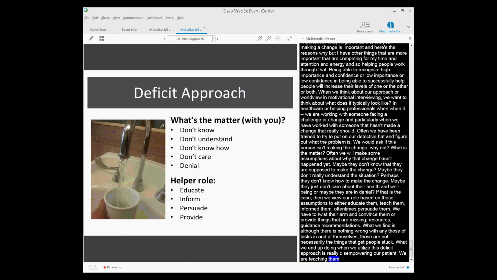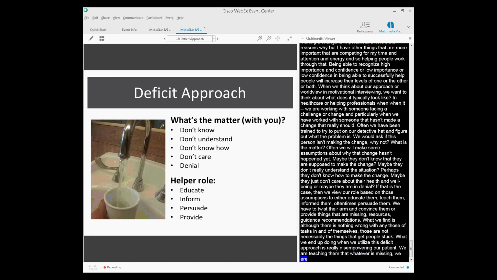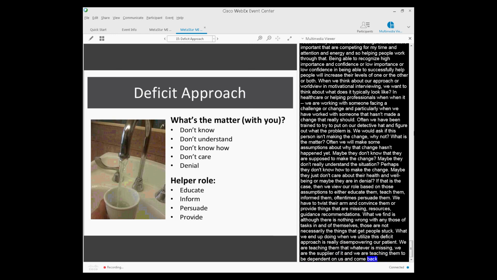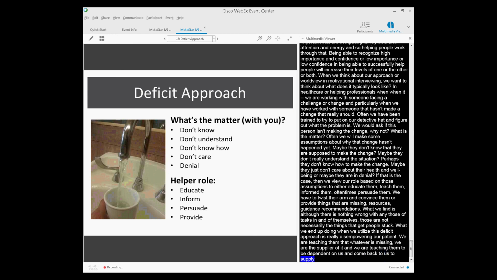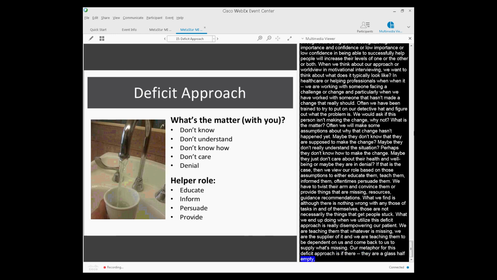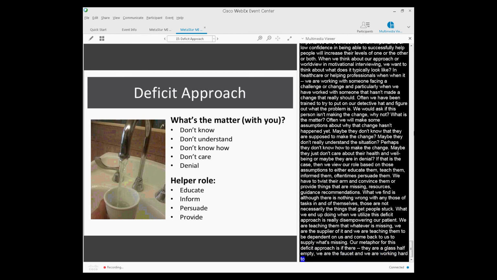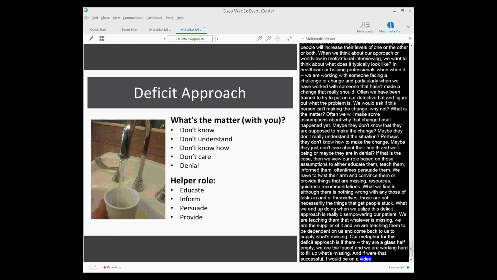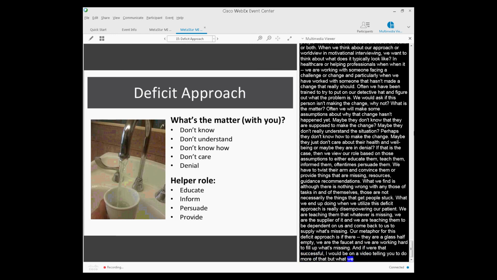And we're teaching them to be dependent on us and come back to us to supply what's missing. So our metaphor for this deficit approach is, if they're a glass half empty, we're the faucet. And we're working really hard to fill up what's missing. And if that were successful, I would be on a video telling you, do more of that. But what we know is that for a lot of people, that isn't the thing that successfully helps them make a change.